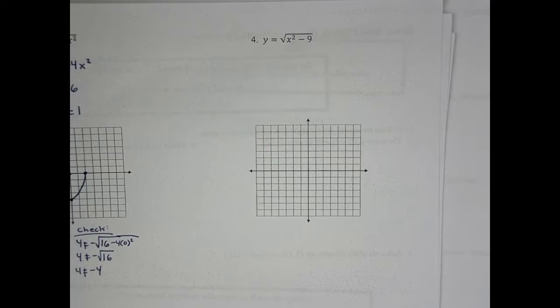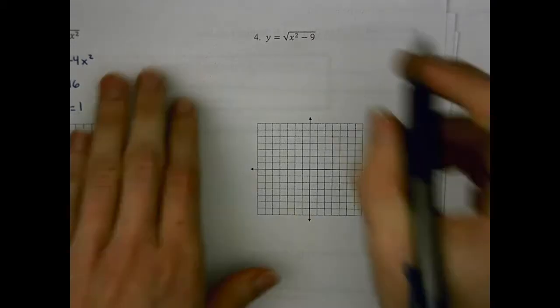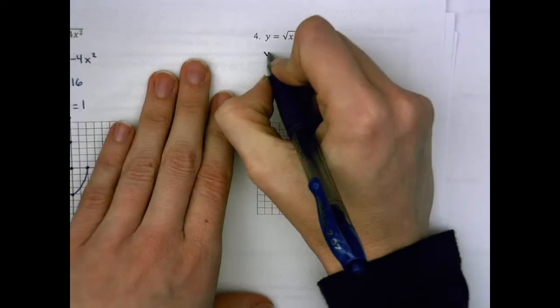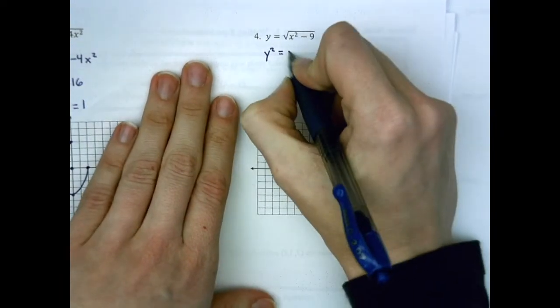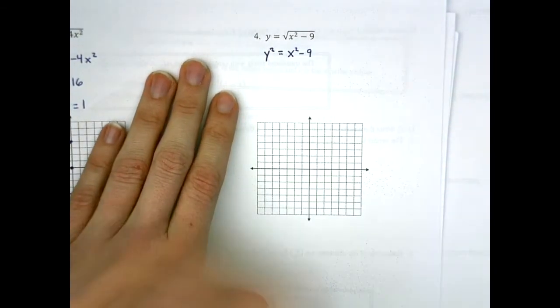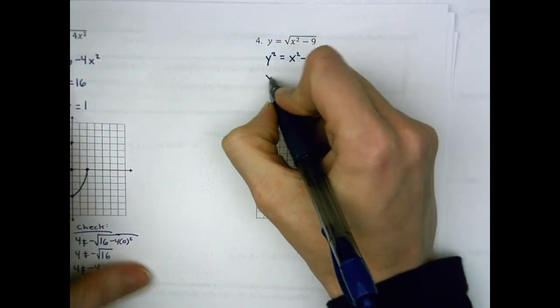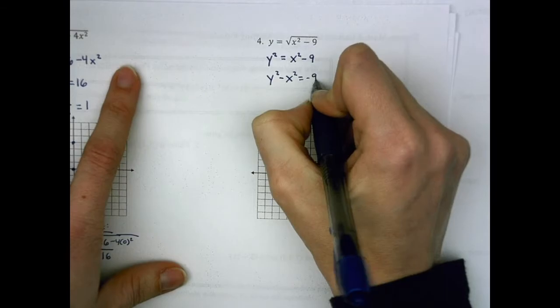Okay, and number 4, last but not least, we've got our y equals root x squared minus 9. Okay. So, squaring both sides, we have y squared equals, and then squaring the square root, it would cancel, so we're at x squared minus 9. Okay, subtracting the x squared over, we are at y squared minus x squared equals negative 9.